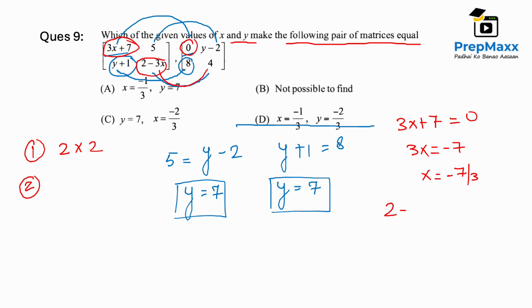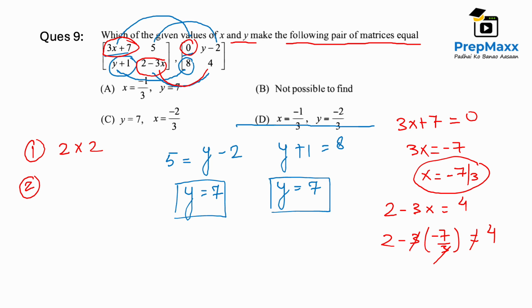So 2 minus 3x must be equal to 4, and clearly if I put x equals negative 7 over 3, that is not going to give me a value of 4, right? So this value of x is not satisfying both the A11 and A22 elements.